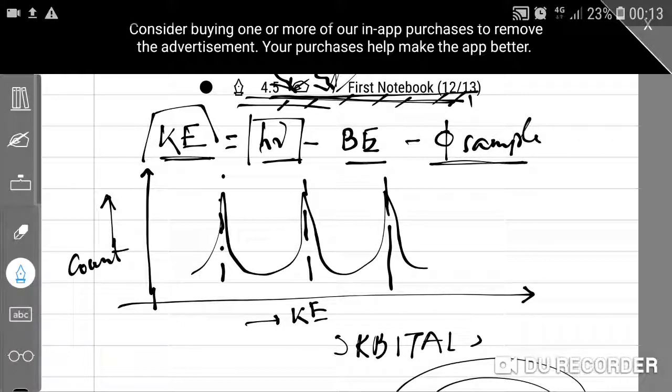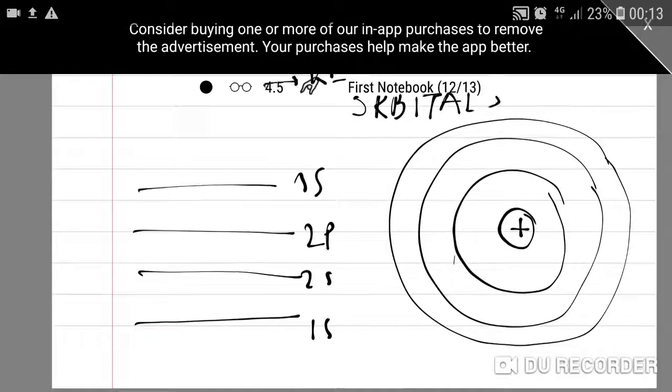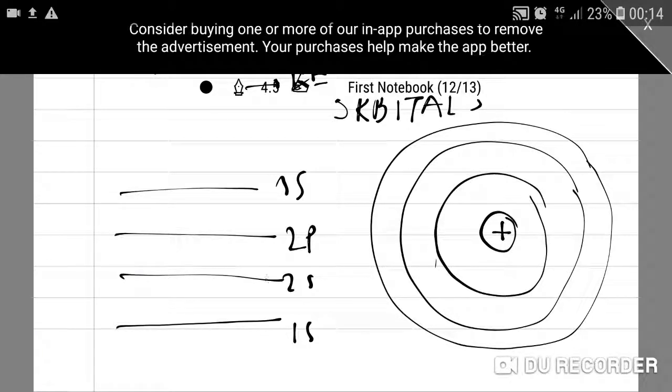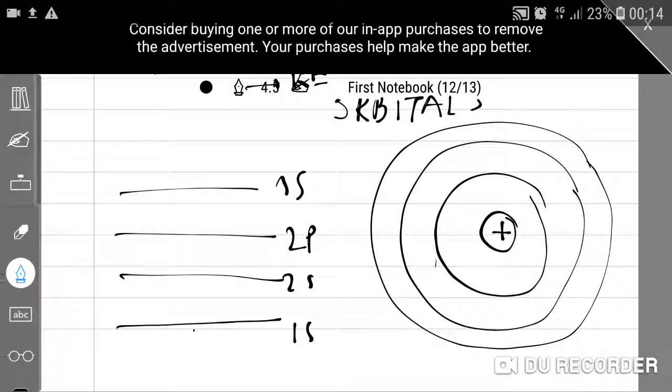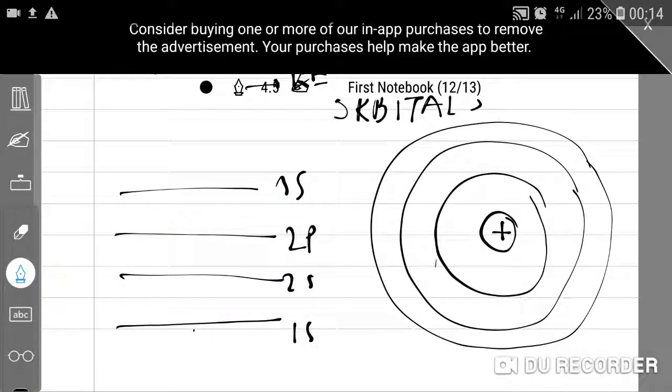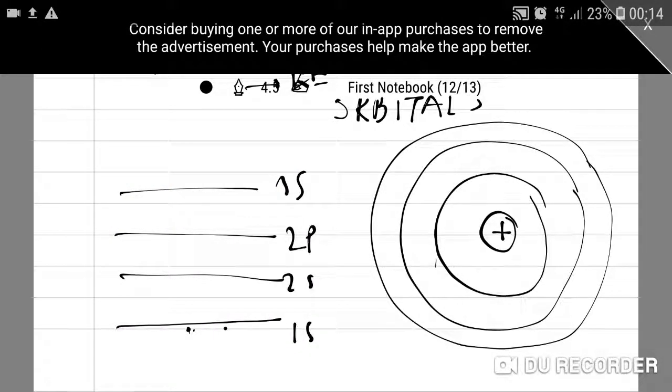How? Let me explain. Every material has atoms, and those atoms have energy levels or orbitals which correspond to different energies, and these energy levels or orbitals possess some number of electrons.